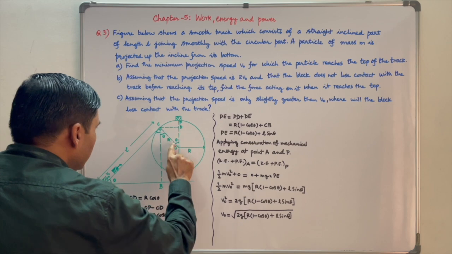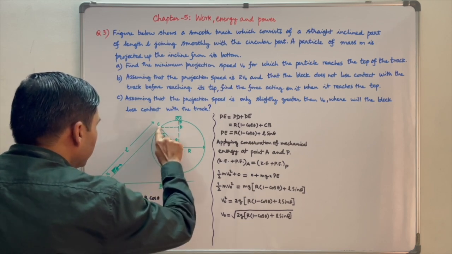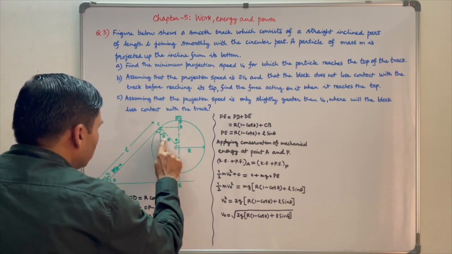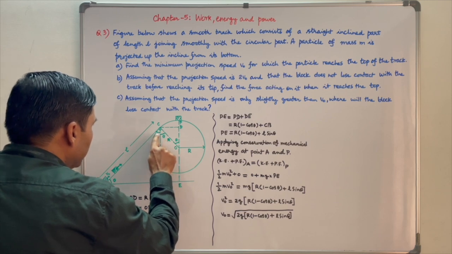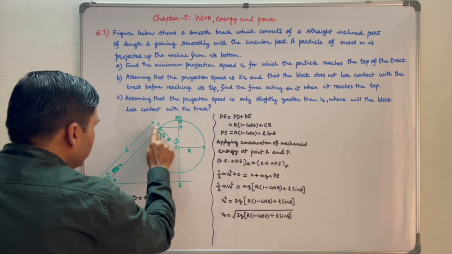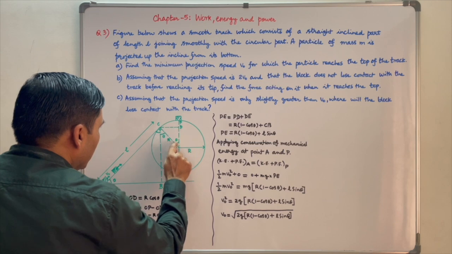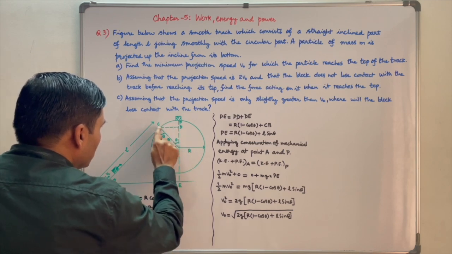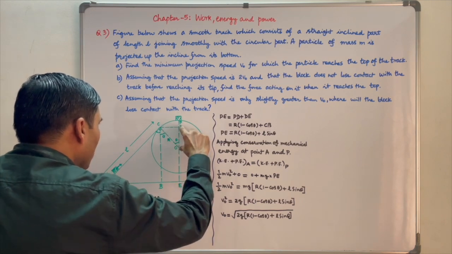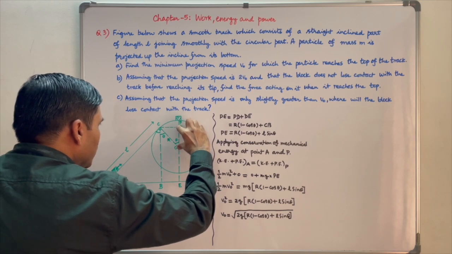Angle ACO is 90 degree as AC being tangent to the circle. So angle BCO is equal to 90 minus theta. So this angle is theta. Since the angle BCO is theta, so angle COD is also theta. Now this angle is theta. So in this right angle triangle, DO is equal to R cos theta. So PD is equal to R minus R cos theta.